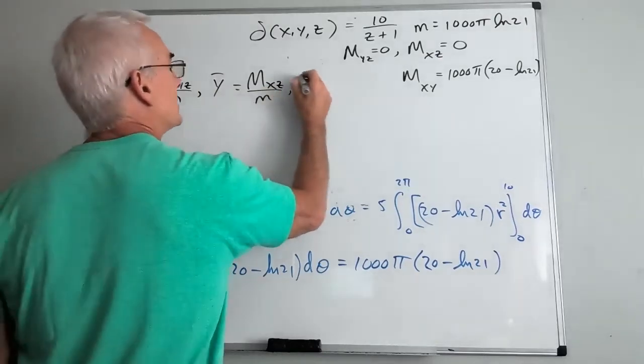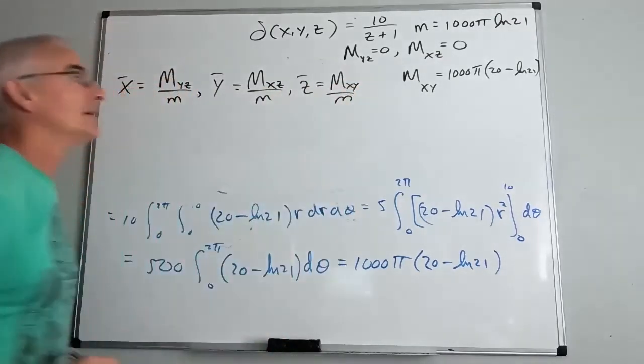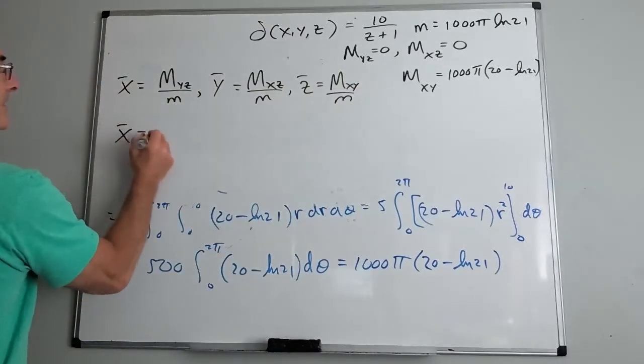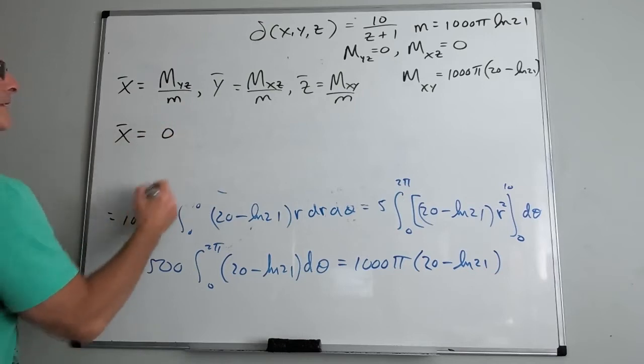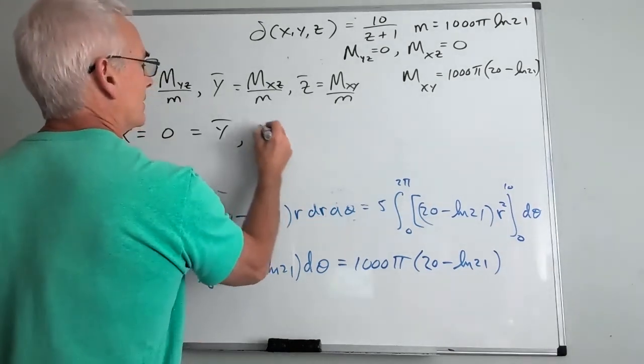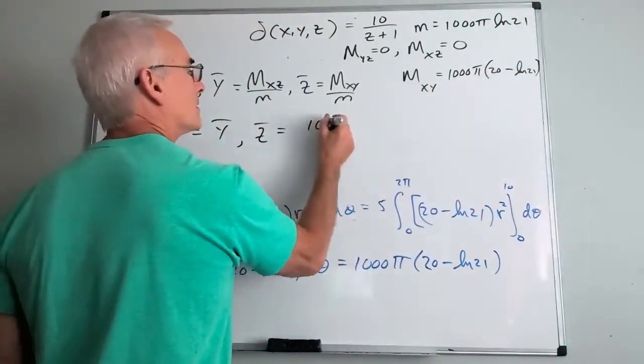And we know that z bar is the moment to the XY plane over little m. So what's x bar? 0. Huh. X bar and y bar are both 0. Interesting. And what's z bar? Z bar is this quantity here.